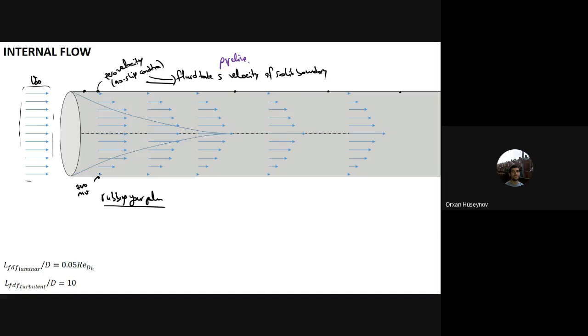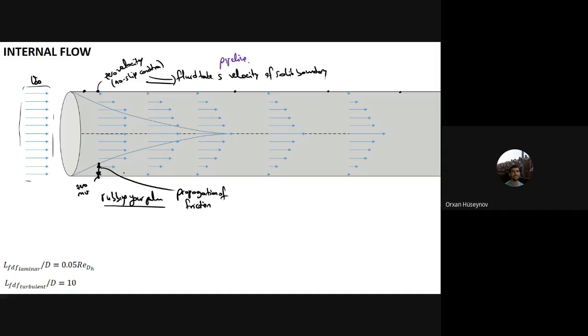This zero momentum affects the next layer, decreasing its velocity, and affects the next layer, decreasing its velocity, but only up to some location. This is the propagation of friction.